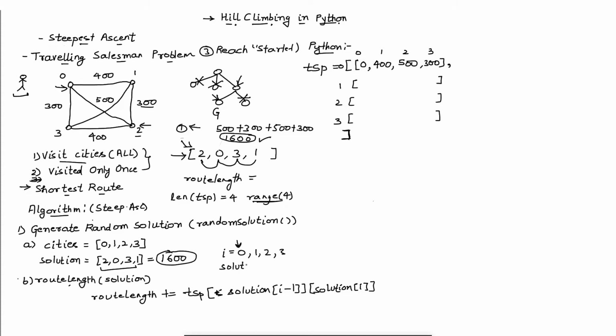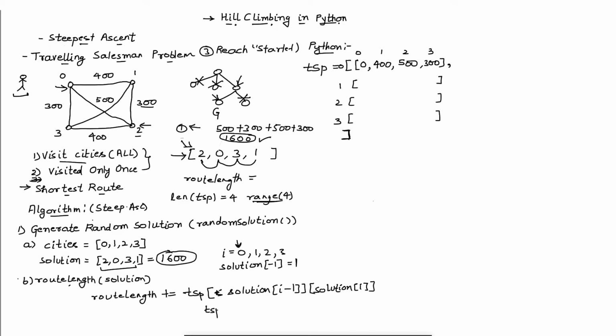So solution of minus 1, if you will try it inside of the Python, you will know that solution of minus 1 will basically give me the last number, which is 1. So solution of minus 2 will give me 3. So it goes from the last order if we have negative inside of the index. So solution of minus 1 will give me 1 here.